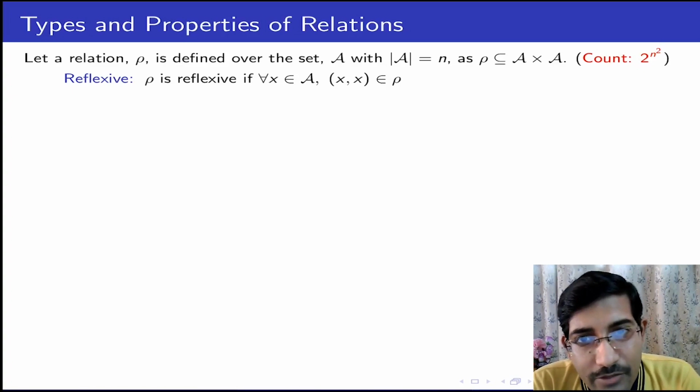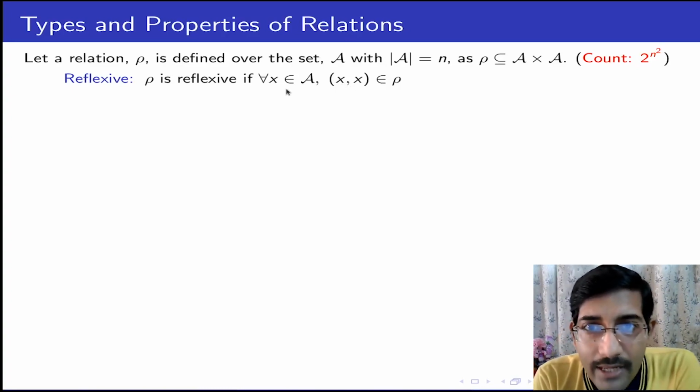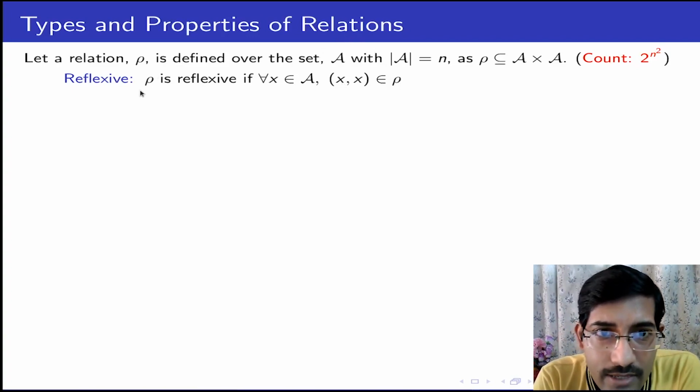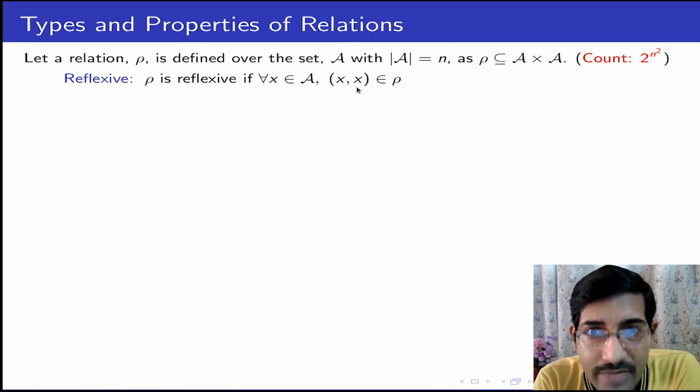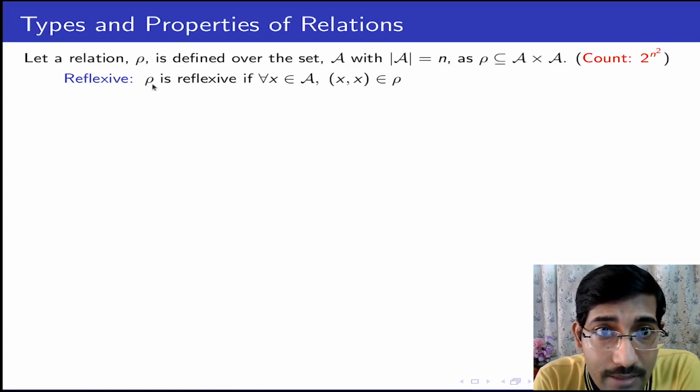So let's say (x, x) is in that relation: x knows x. This means that if you say relation rho is reflexive, all the elements in A should be related to themselves in the relation. So if A has n elements, there could be n such pairs already taken into this relation subset that you construct from A cross A.